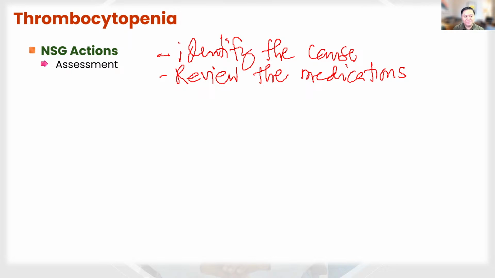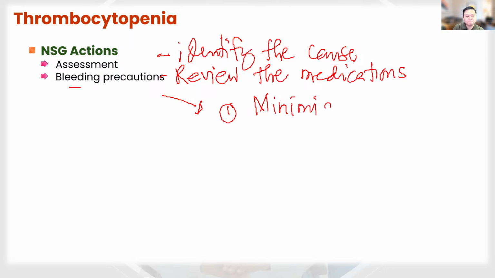Now, after we do the assessment, we're going to need to institute the bleeding precautions. And this may sound repetitive to you, but this is very important in the treatment of thrombocytopenia. So what are we going to do? We're going to have to implement strict protocols to minimize the bleeding risk. So what would be those interventions? We're going to have to minimize invasive procedures like unnecessary venipunctures, right?